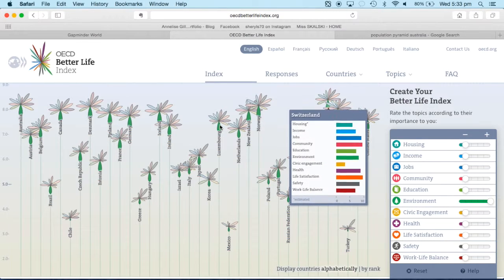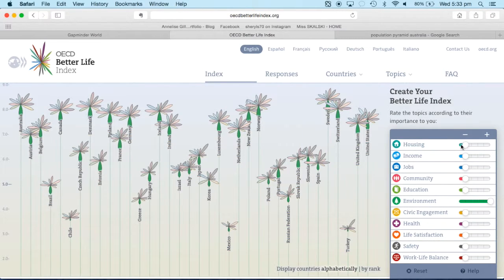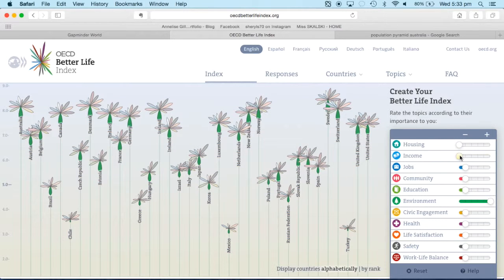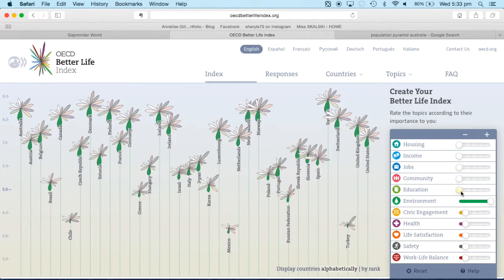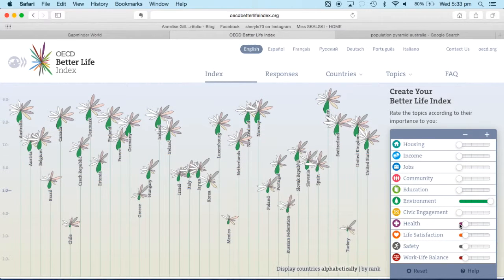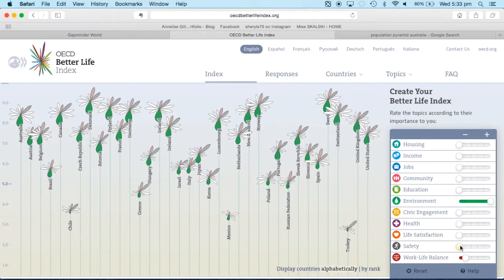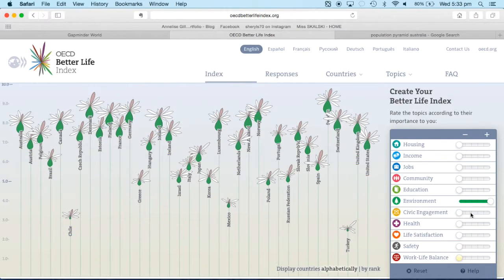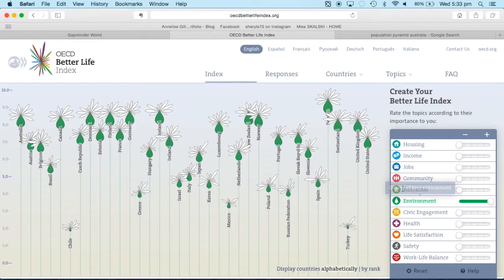Now, to make it a little bit more extreme, you can actually take these tabs right back to the start, and that just makes it a little bit more obvious which ones are prioritising the environment.